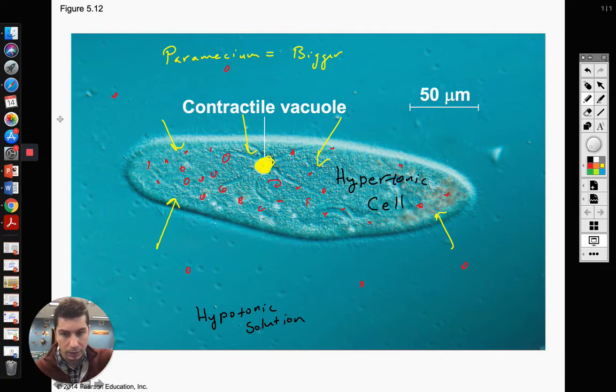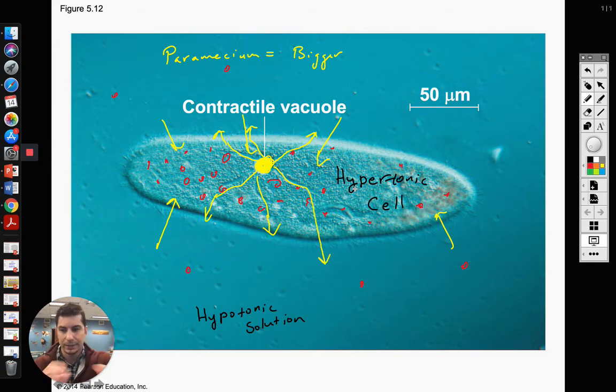And when it squirts, if you look here, we have these little valleys or passageways. What that's going to do is literally push, using energy, using ATP, that water outside of the cell. Okay?